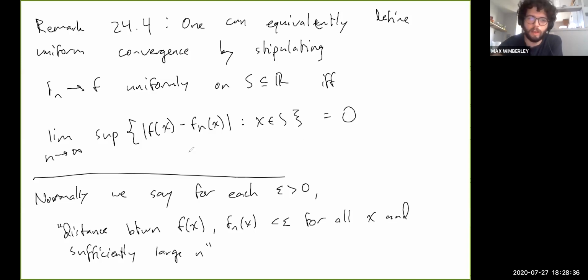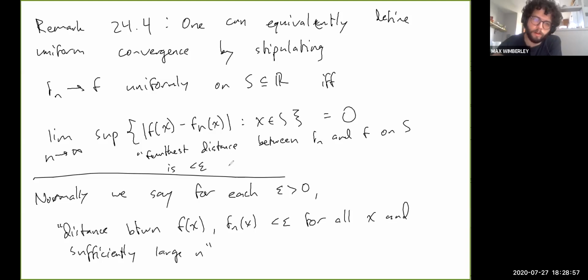And this one is just saying that the furthest distance between fn and f on S is less than epsilon for sufficiently large n, right?